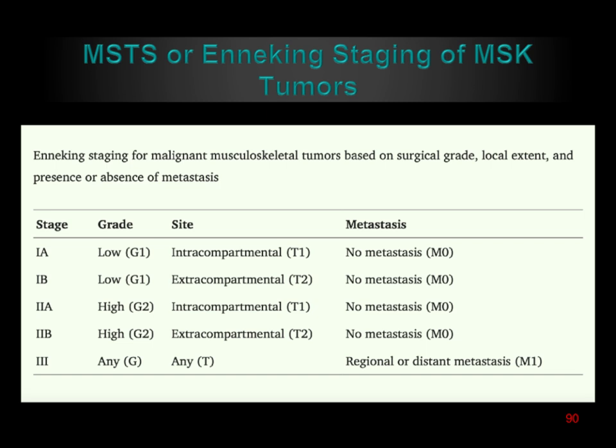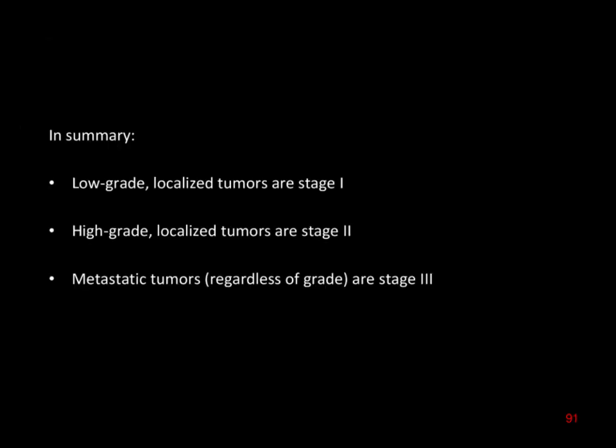In stage 3, it can be of any grade and doesn't matter whether it is intra or extra compartmental, but these patients have regional or distant metastasis and therefore they are M1. So in summary, low grade localized tumors are stage 1, high grade localized tumors are stage 2, metastatic tumors regardless of grade are stage 3.